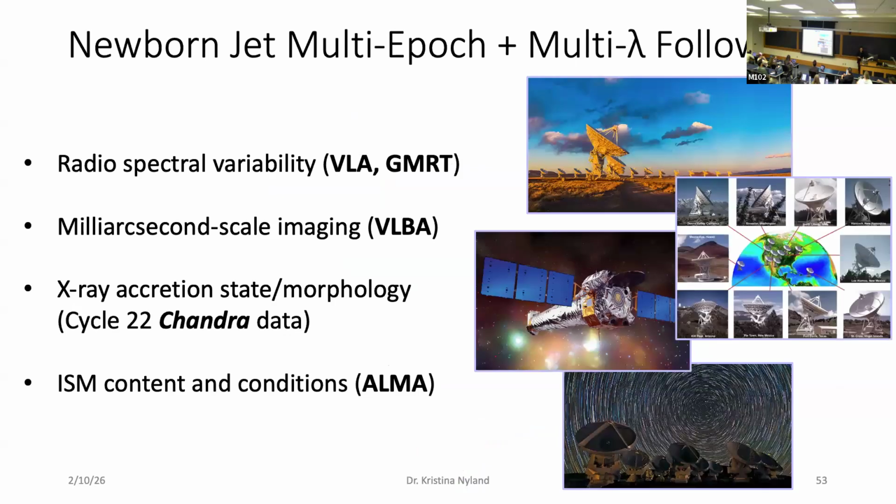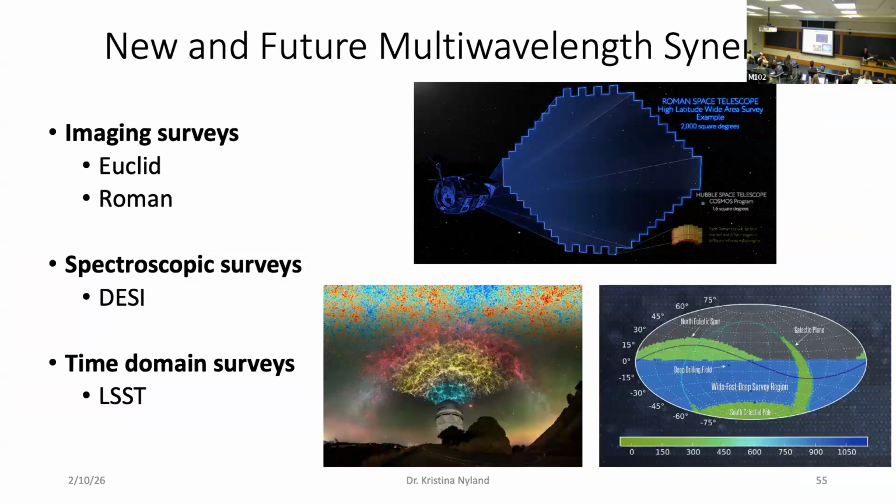I'm running out of time here, so let me skip ahead and just emphasize that we've got a lot of really cool new and future multi-wavelength surveys that we can combine with VLASS to better understand radio sources, especially AGN that are known.